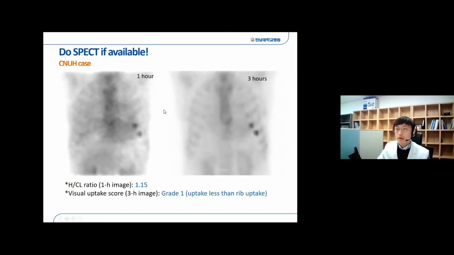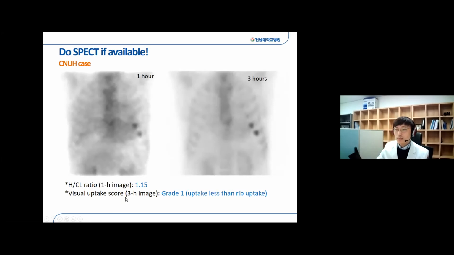Here on the 1 hour image, we could see a little bit faint cardiac uptake. It was considered that the intensity was in between the uptake of the ribs and sternum probably. On the 3 hour image, the uptake went down and the intensity is not as intense as that of the ribs.